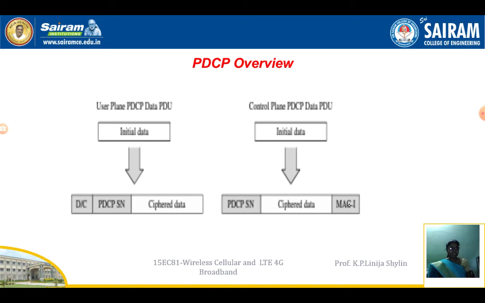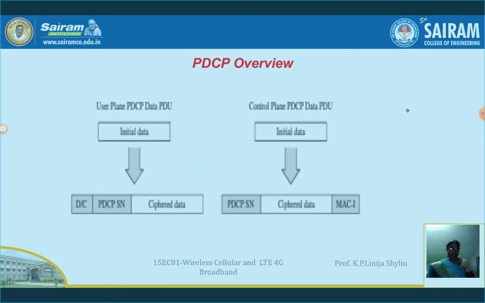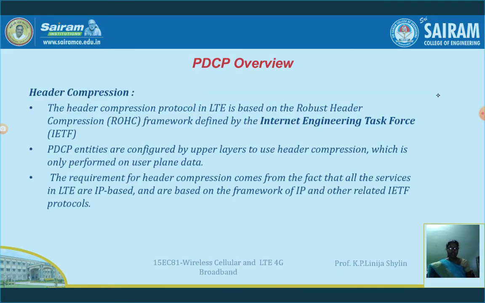At transmission, the value of the MAC I field is calculated based on the keys provided by the RRC layer. Here also the RB identifier, count value, and direction of transmission are used. So it will be calculated according to the key provided by the RRC layer, the RB identifier, count value, and direction of transmission, right?